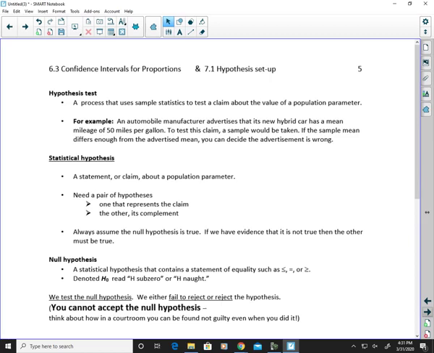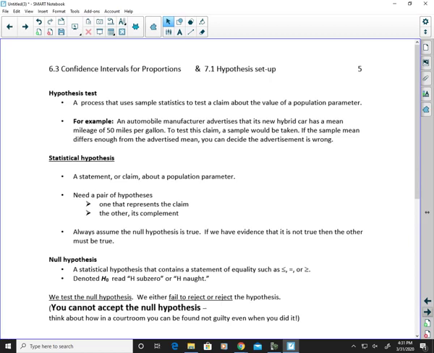So what's nice about an interval is it gives you a window of reasonable values. What a hypothesis test does is it takes a sample value and compares it to a hypothesized, what you believe, population value, and tells you if that population value really was true, what's the probability that you got the result that you got.